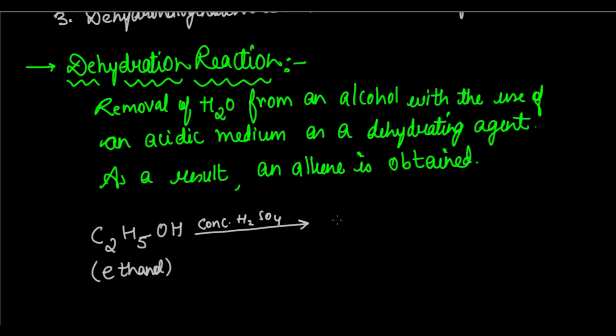So as a result we get C2H4, which is nothing but your ethene, which is an alkene. So ethanol, which is an alcohol, undergoes dehydration reaction in the presence of conc H2SO4 and gives ethene, which is an alkene.